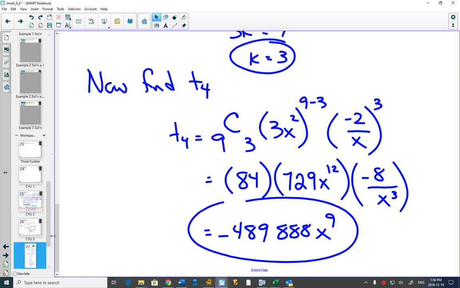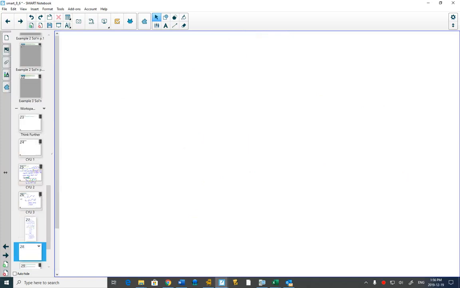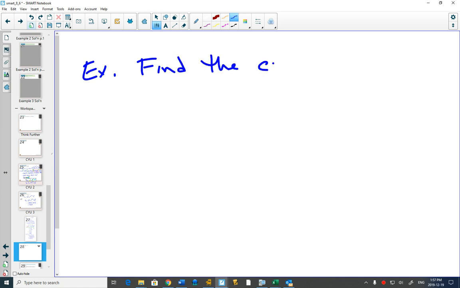So we're going to do one more example. In this example, a constant term means there's no x's, so we're going to write x to the 0.